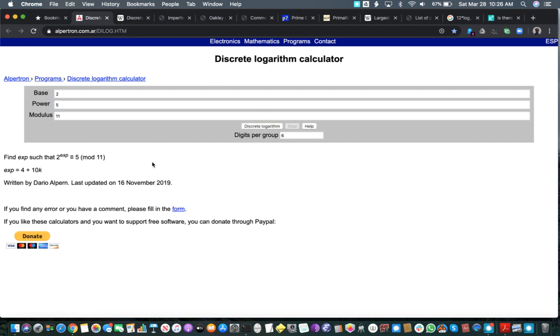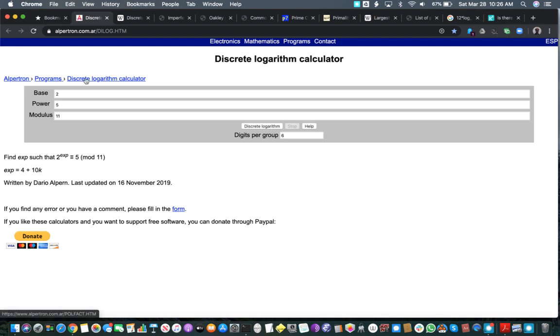It says the result is 4. And what they mean by that is 2 to the power 4 should be 5 mod 11. And is that true? Let's see. 2 to the power 4 is 2, 4, 8, 16. 16 mod 11 is 5. So it did well there.